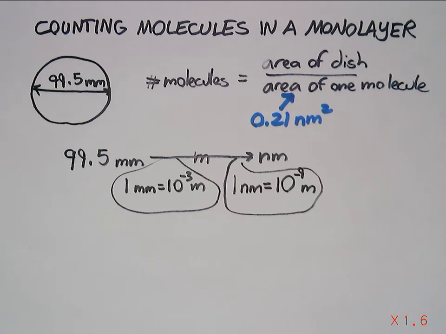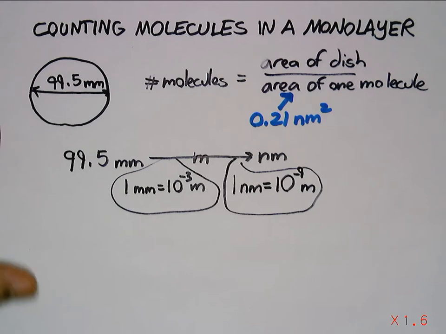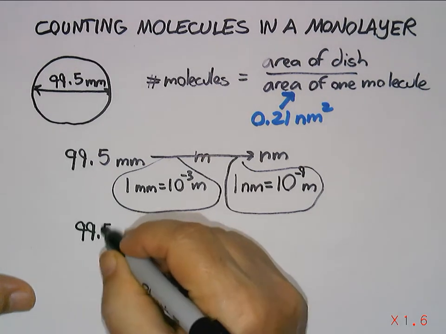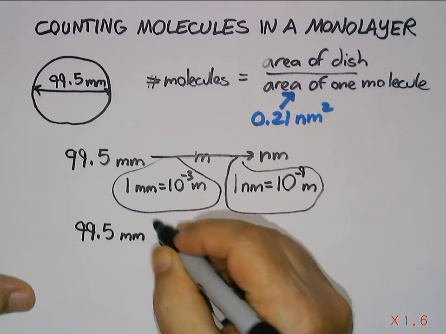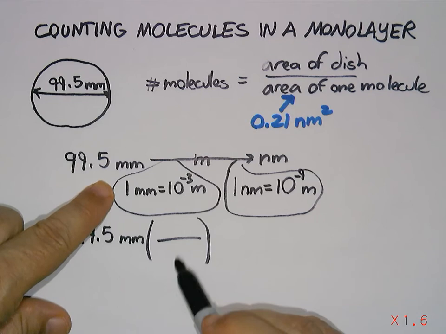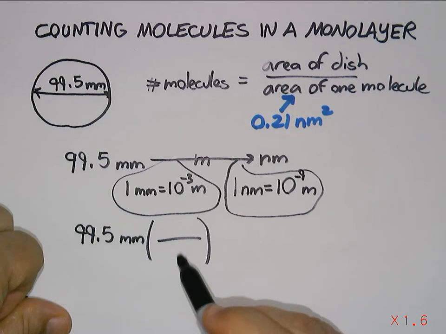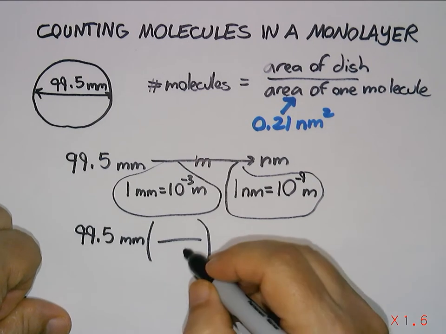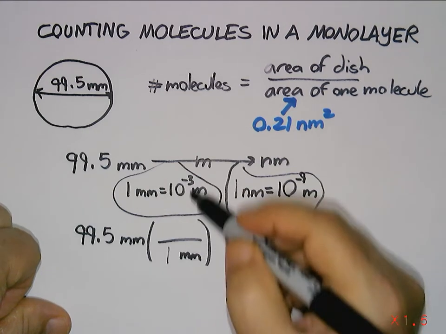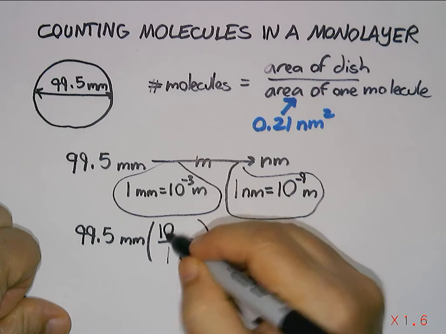Okay, so there's my roadmap for doing that part of the problem. Now I can turn it into a calculation. I'm going to turn this into a conversion factor. What has to go on the bottom? Well, I want to get rid of millimeters, so millimeters has to go down there. There's a 1 sitting next to it there, and on the other side there's a 10 to the minus 3.